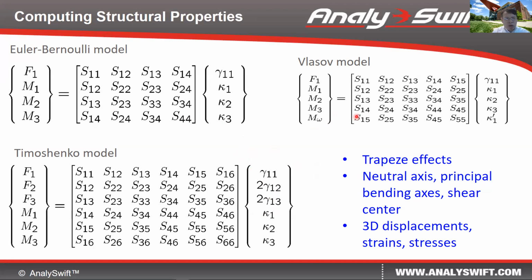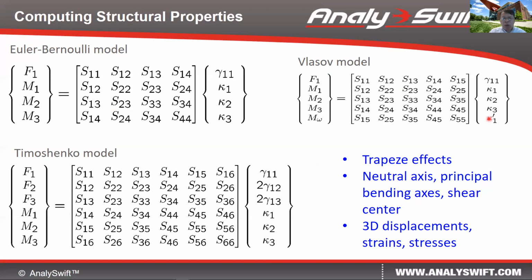And the VABS beam model has, in addition to the Euler-Bernoulli modes, an additional deformation mode called restrained warping. This is particularly useful for thin-walled beams with open sections.